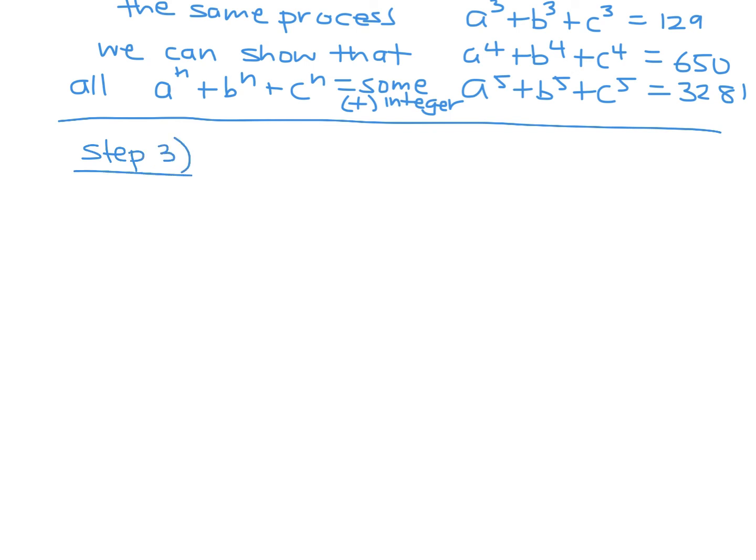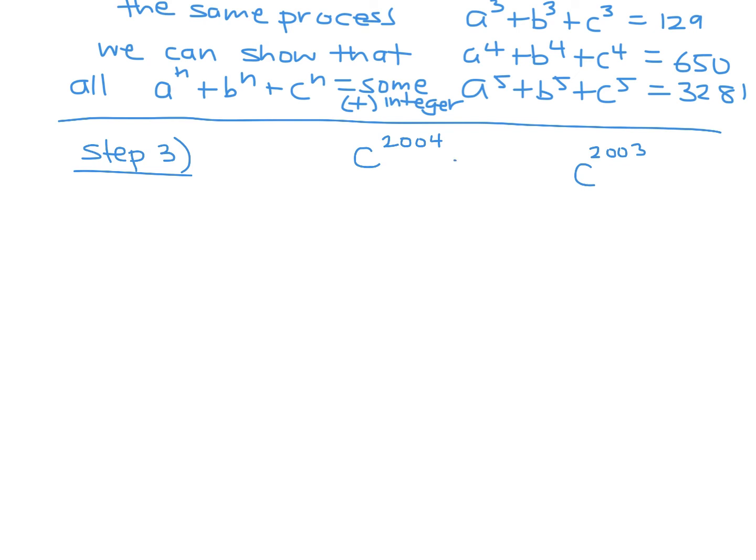Now recall, we're trying to show that if c to the power of 2004 is calculated, and you have c to the power of 2003, that this is closer to its closest integer than this is.